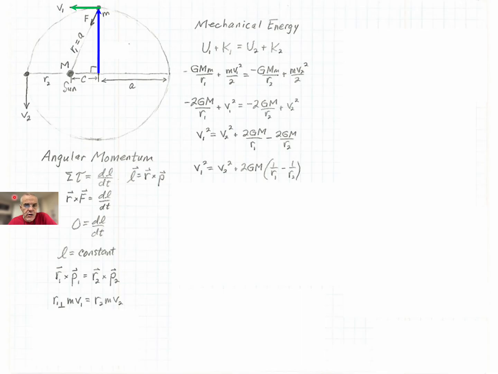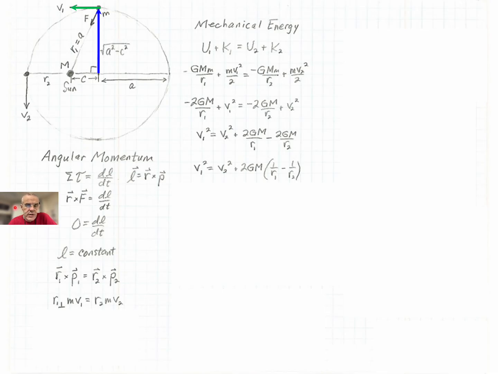So this blue arrow up here is R perpendicular. And notice I can come up with an expression for that because it's a part of a right triangle. I know this side is C, the hypotenuse is A or R1, and I can get an expression for the perpendicular component. So I'm going to go ahead and put that down here in my equation.